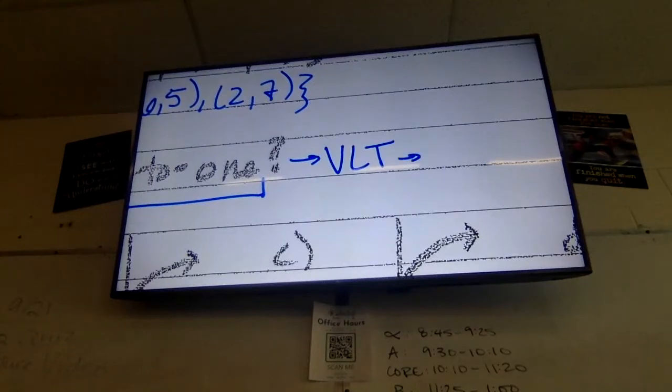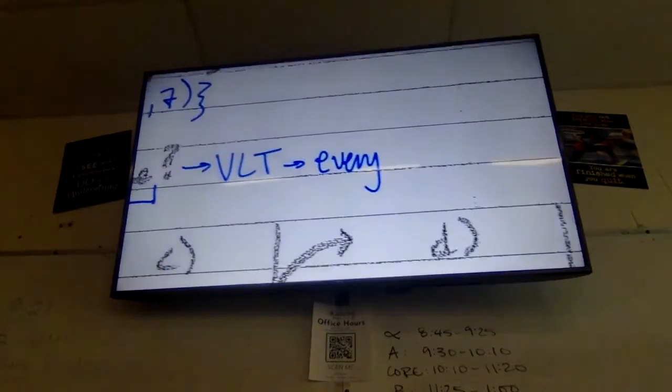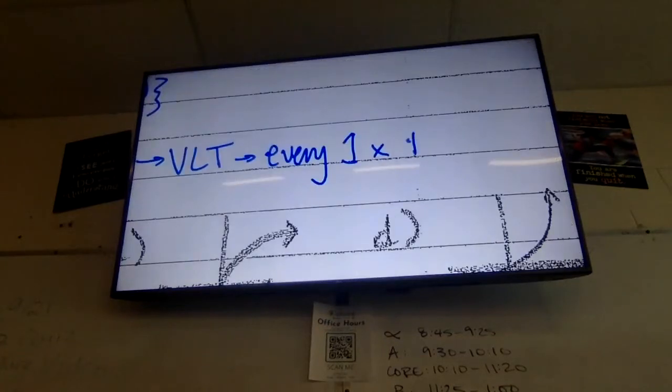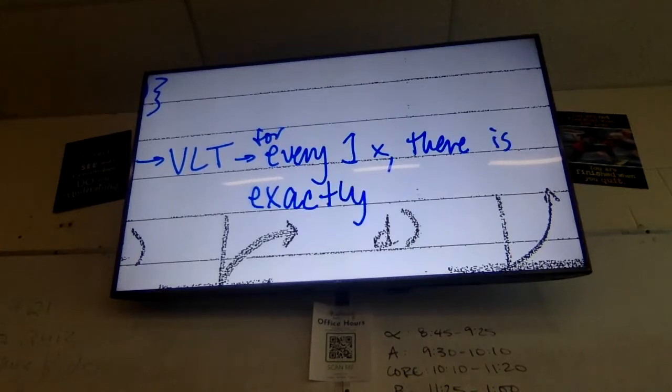The 1-to-1 essentially means that for every 1x value, there is exactly 1 y. So when I do my vertical line test, essentially I'm looking at 1x.